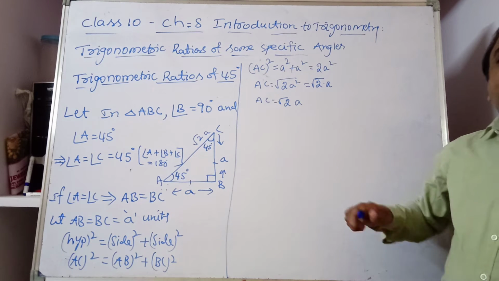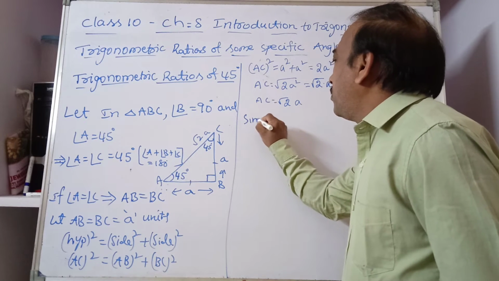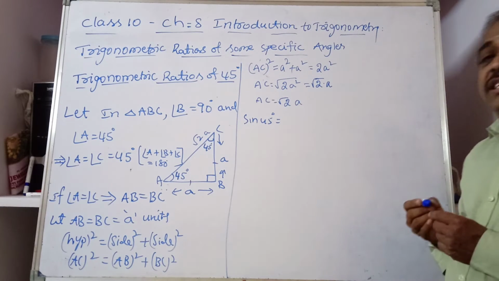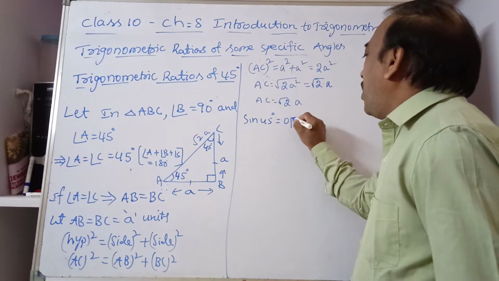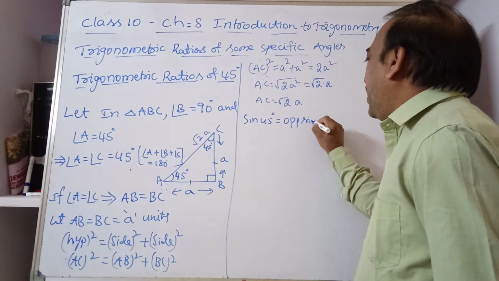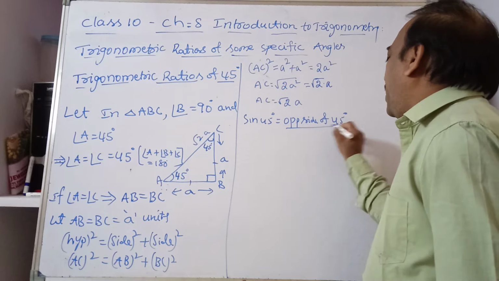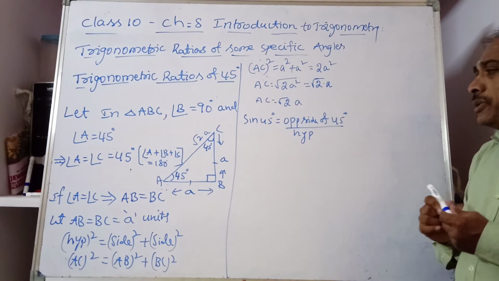Now sine 45 degrees is equal to the opposite side of 45 by hypotenuse. Observe it. What is opposite to 45?